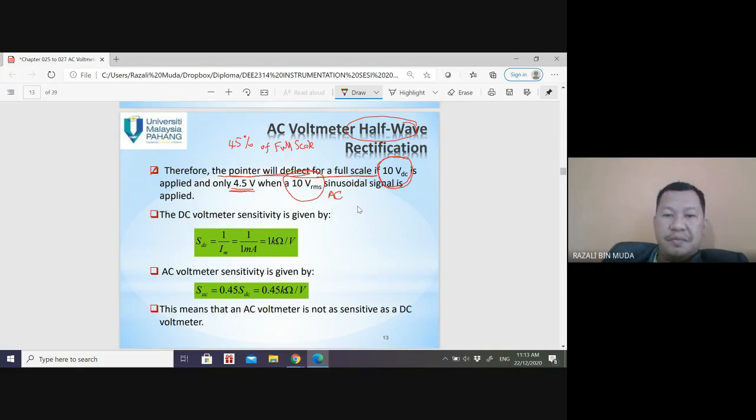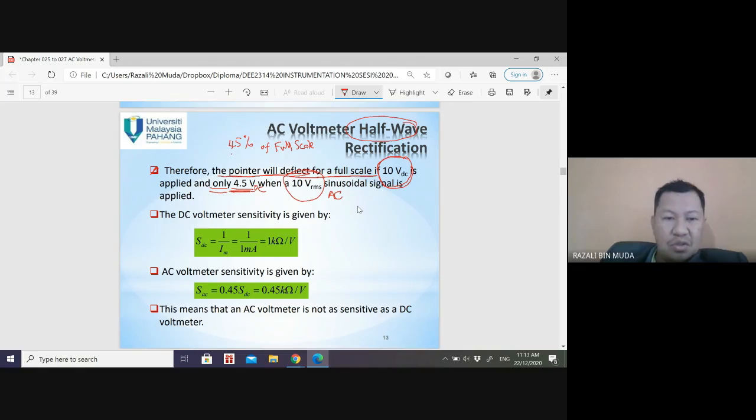In other words, 10-volt RMS is equal to only 4.5 volt DC.